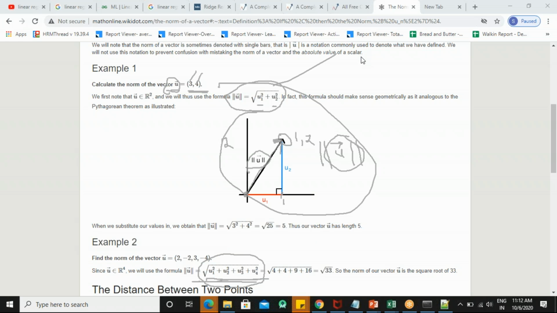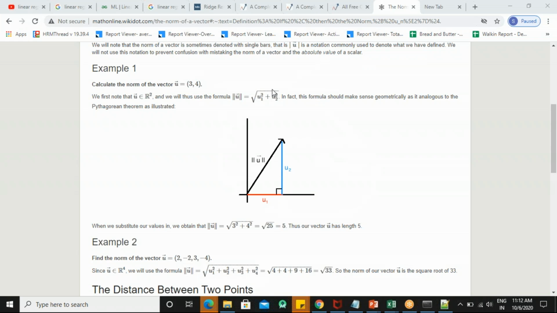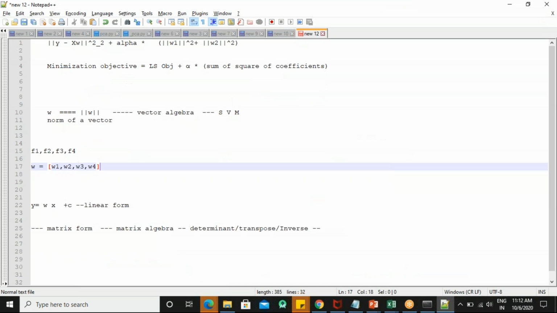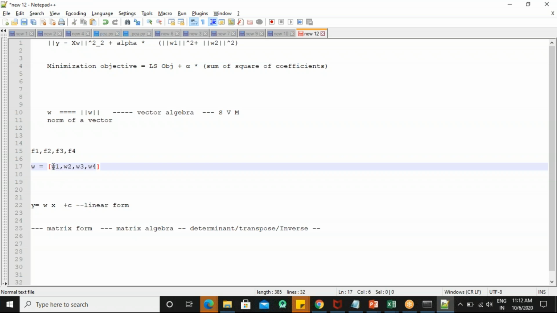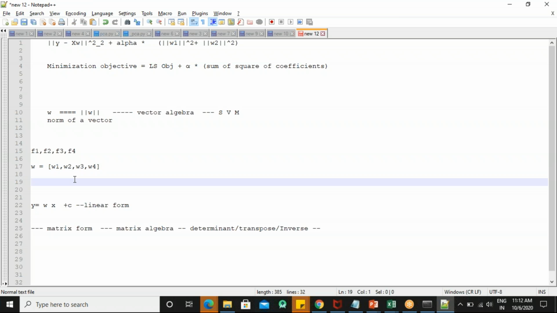Okay, guys. Now since you are aware of the vector and the norm of a vector, going back to this, if you have a weight vector, say with 4 weights, the equation here will be this plus this square. Right now I'm keeping just 2, leave it.